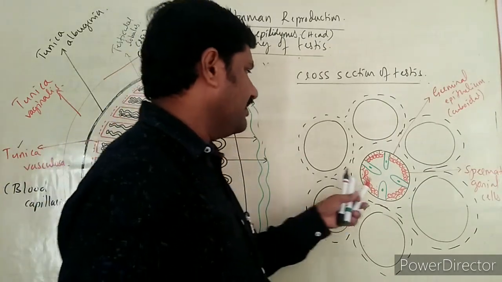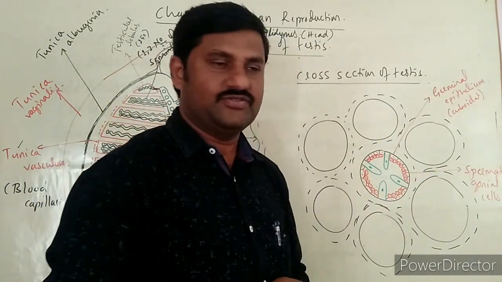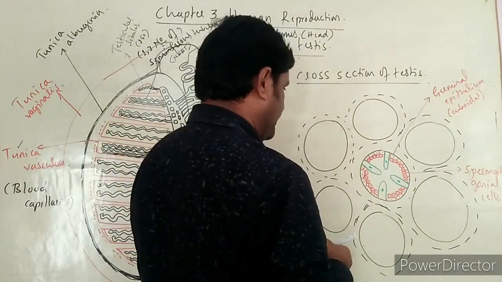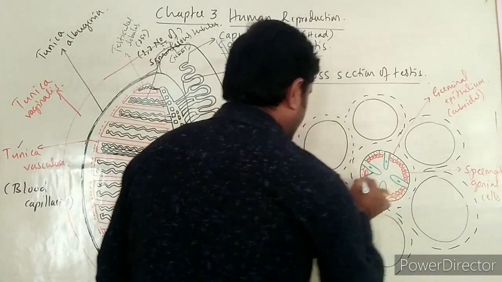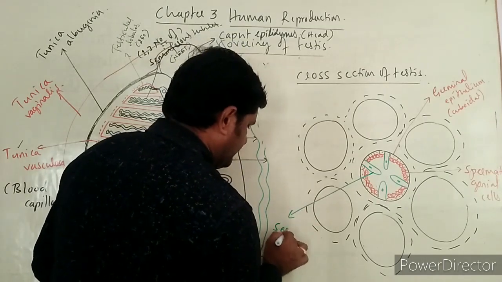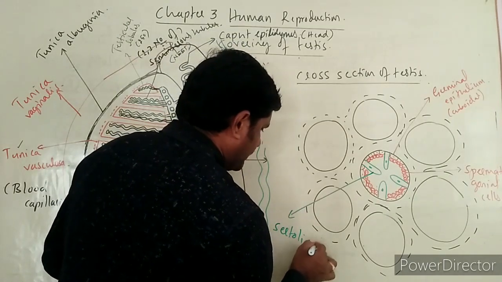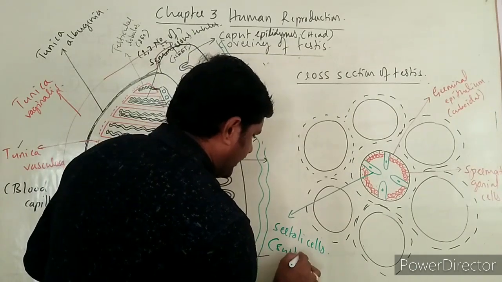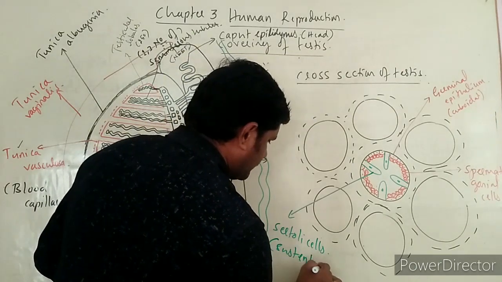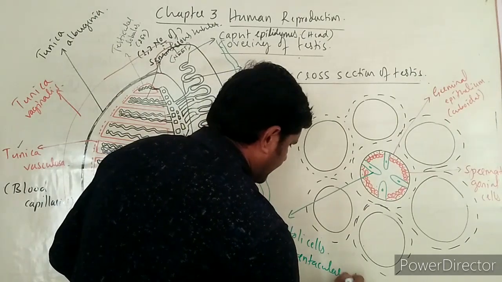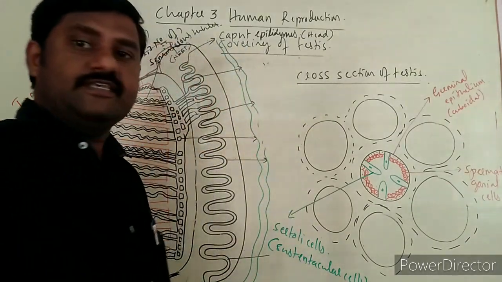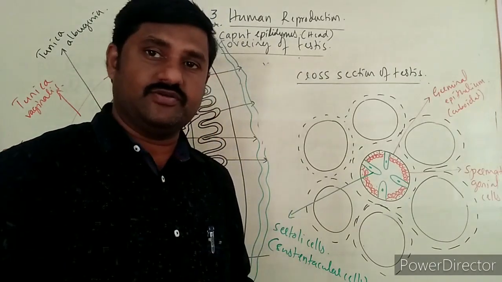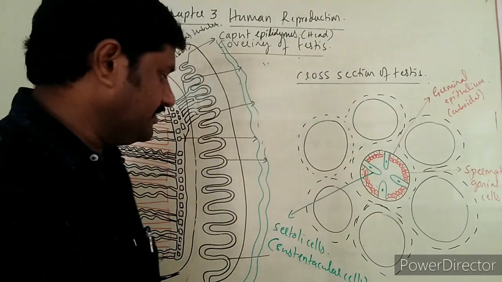And already I have mentioned one more type of cell over here, called the Sertoli cell, or these are also called testicular cells. They may be asked in MCQs in the examination.